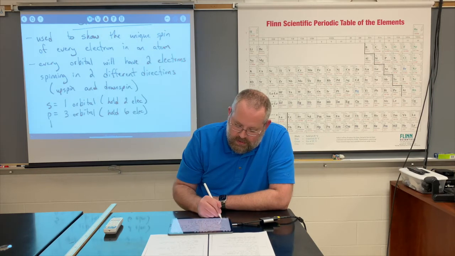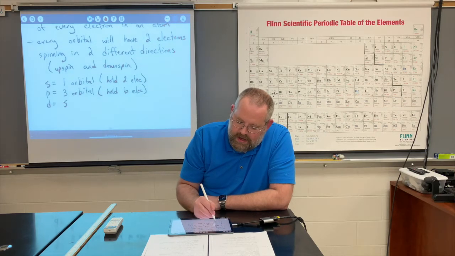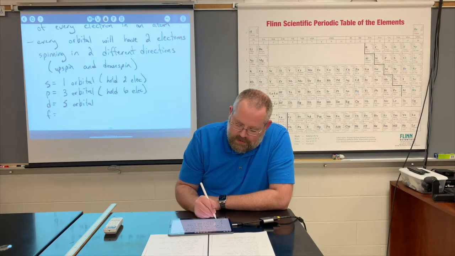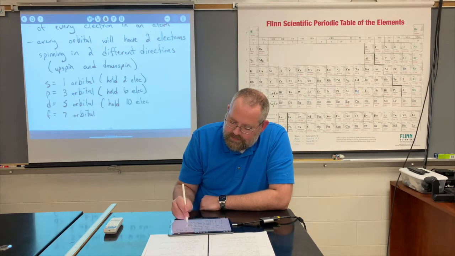The D subgroup has 5 orbitals, and the F subgroup has 7 orbitals. The D can hold 10 electrons, and the F can hold 14 electrons.